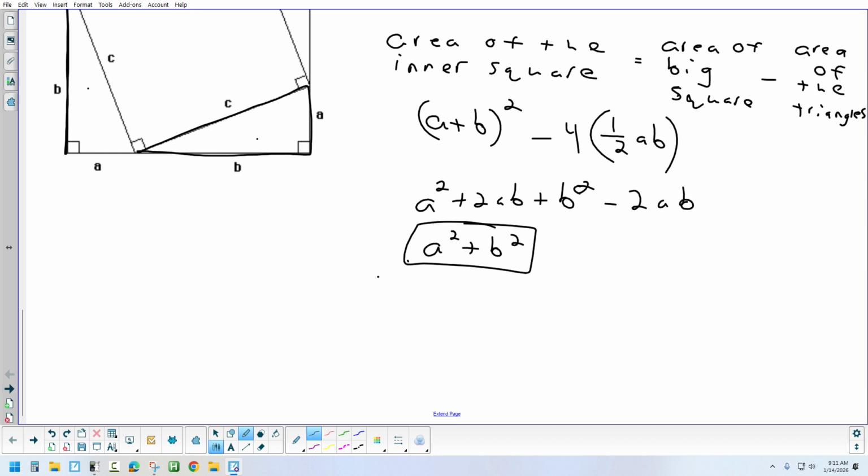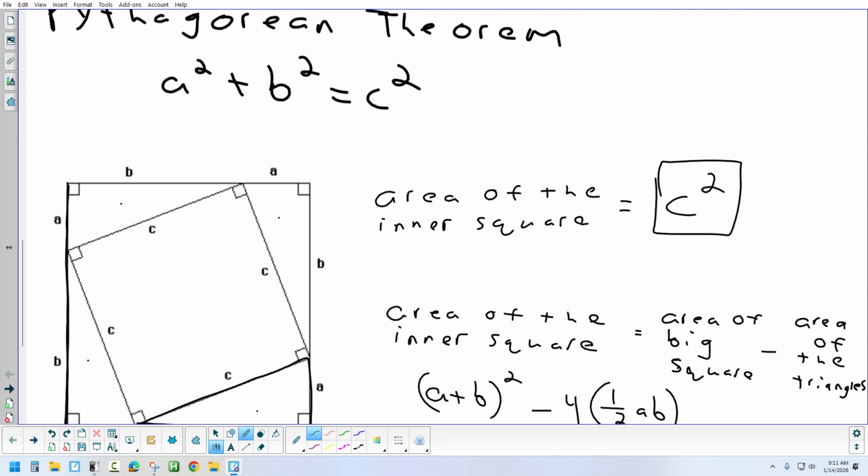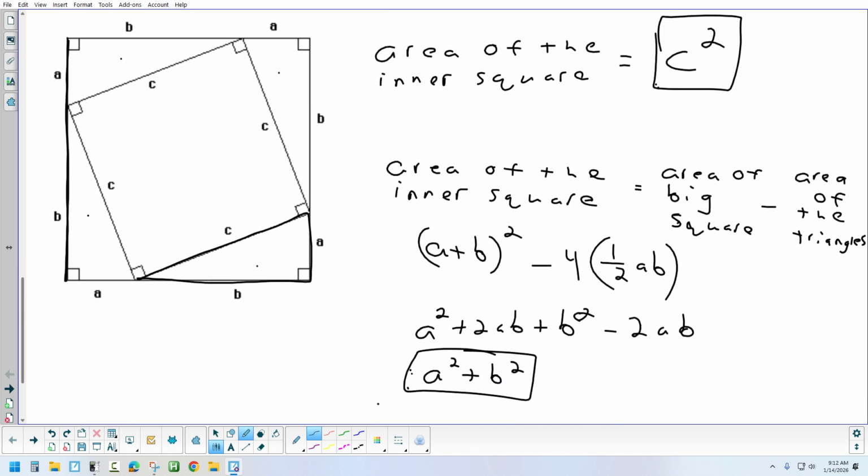We did the area of the big square minus the area of the triangles. So this formula gives you the area of the inner square. And this formula also gives you the area of the inner square. So then, since they both give you the formula for the area of the inner square, what can we do with both formulas?